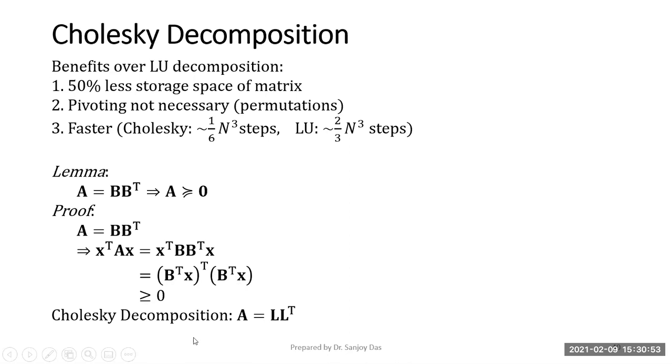Now, in Cholesky decomposition, we are factorizing a positive definite matrix into this one, LL transpose. So it's a special case. Instead of BB transpose, we have LL transpose. And at least from this lemma, you can infer that A has to be positive semi-definite in order to apply the Cholesky decomposition.